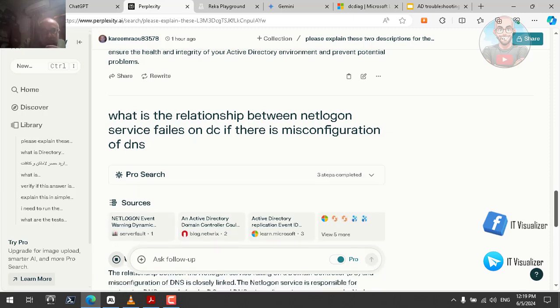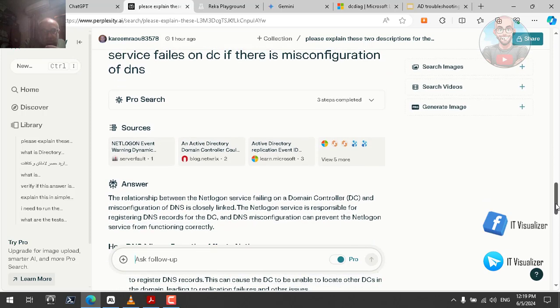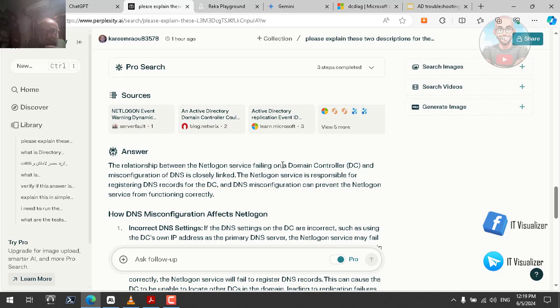So let's see the answer from Perplexity, which will give us a good one. The relationship between the Netlogon service failing on a domain controller and DNS misconfiguration is closely linked. The Netlogon service is responsible for registering DNS records for the DC. So it's responsible for registering the computers in the DNS records on the domain controller.